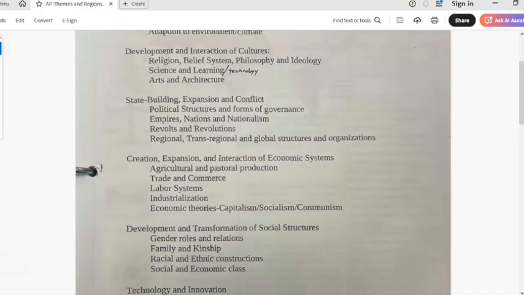Nations. What is a nation? That term is often misused. You just think, oh, it's a country. It's not. A nation is a group of people who either have or seek political sovereignty. What does that mean? The United States is the country. The Americans, the people, are the nation.